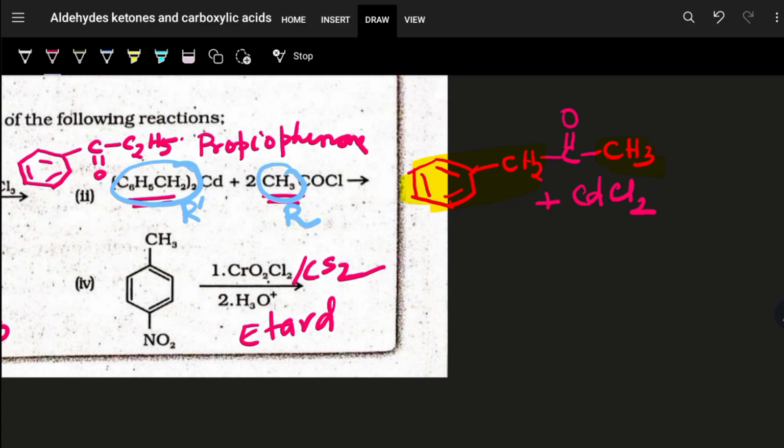Only a simple change is bound to occur. What? This CH3 will get converted to, please guess, what? Etard reaction gets converted to CHO. And whatever was there as nitro, will be remaining there as it is, undisturbed.